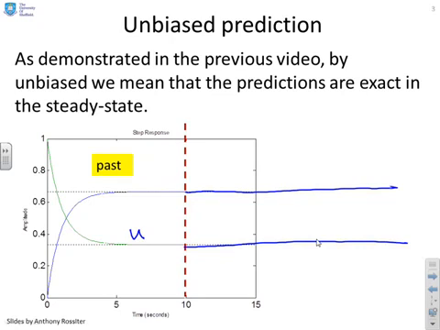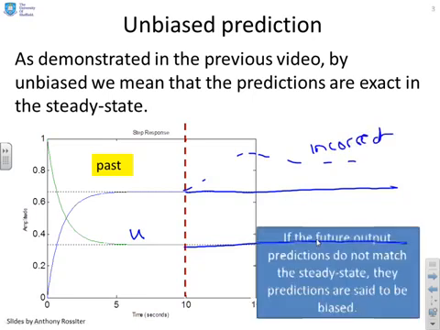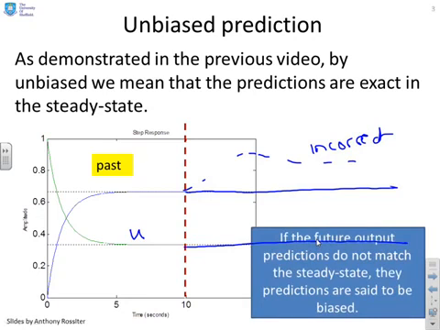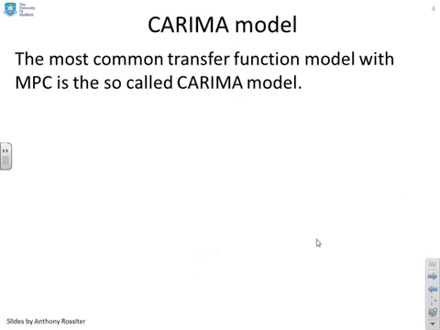So you have unbiased predictions if at steady state you get the correct predictions, and they're biased if you get incorrect predictions. So what we want then is the output predictions must match the current steady state if you're already in steady state, and then we're not biased.